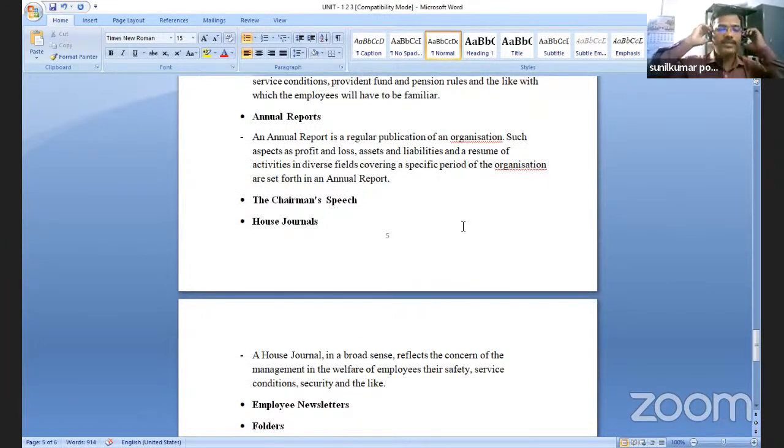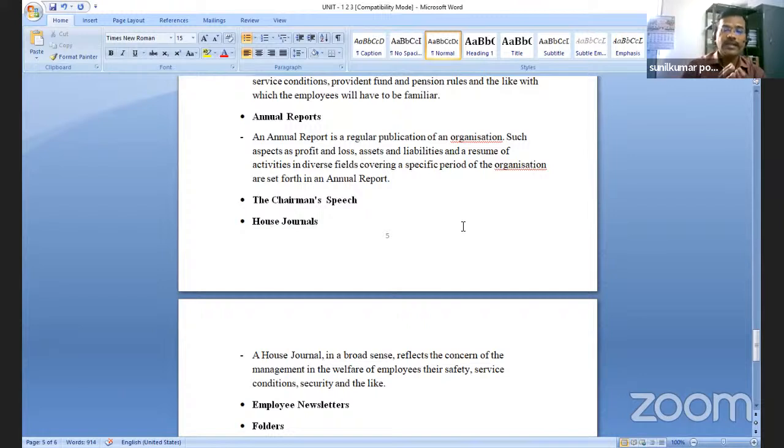And this chairman's speech, we see, if any new product is being introduced by the corporation, when the company chairman gives his speech.